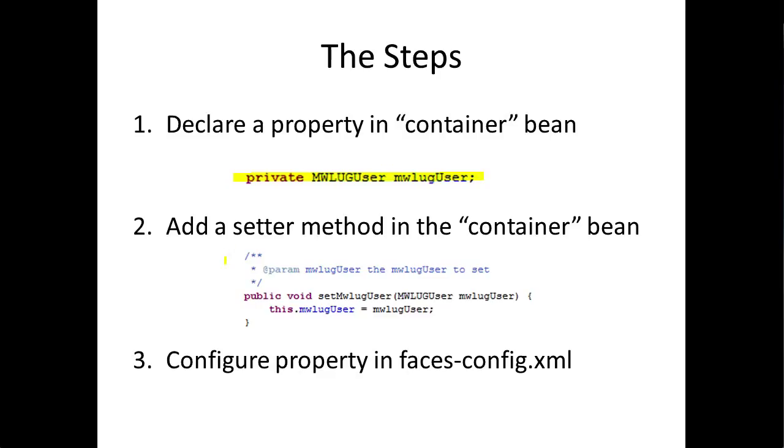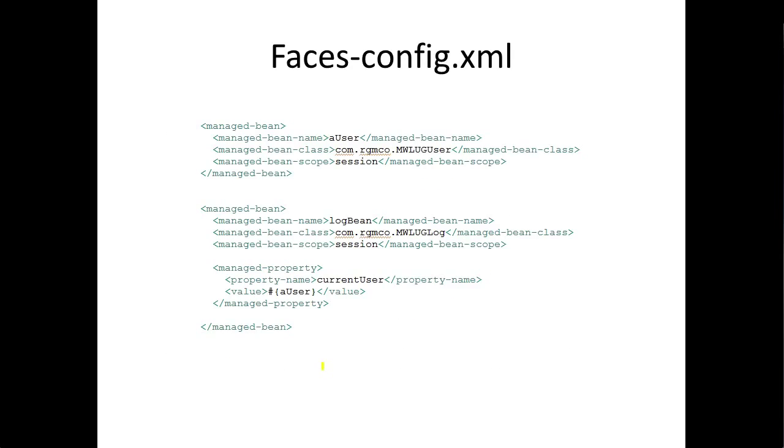I can't tell you the amount of hours I've probably spent tracking down code that wasn't working because I just forgot to put a setter method in there for that managed property. So definitely have to declare it as an object in the container bean, set up a setter method in the container bean, and then you've got to go through and configure your Faces-config.xml file.